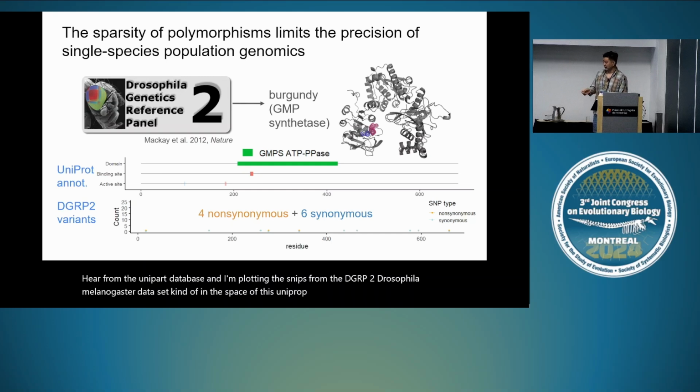So out of 700 residues, you can really see that there's 10 SNPs. There's 4 non-synonymous and 6 synonymous SNPs. When you're trying to understand how all these little functional details translate to natural selection, you just simply don't have the data to do it because you don't have variation at over 99% of your sites.